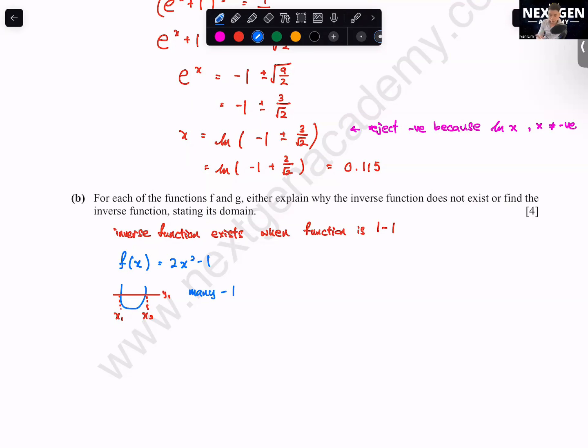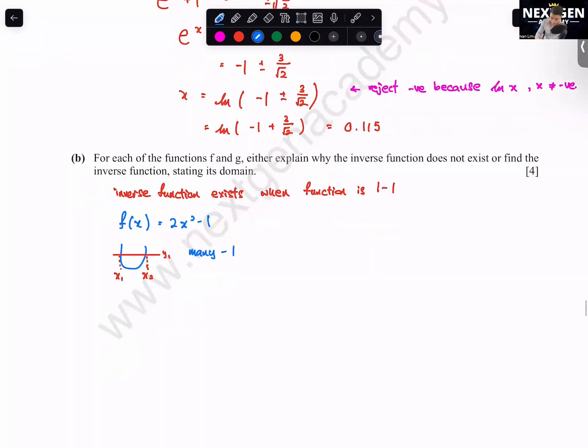Why many to 1? The inverse does not exist. This is fx, and I will illustrate in detail. This is many to 1. What's the reverse, the inverse of many to 1? 1 to many, right? Because the inverse means I go back, I inverse it. Many to 1 goes left to right, and then the inverse is from right to left.